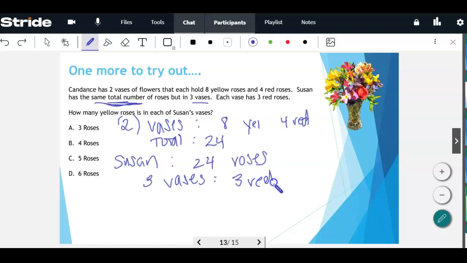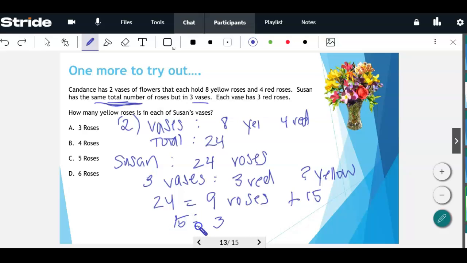We don't know how many yellow. Okay, so let's look. If there's 3 red in each vase, that's 3 times 3, that's 9 of the roses. And she has a total of 24. So how many must be yellow? 9 plus what? All right, it's going to be 15. That's total, and she's got 3 vases. So then you have to do the 15 yellow total, divide that by 3, and it's 5.